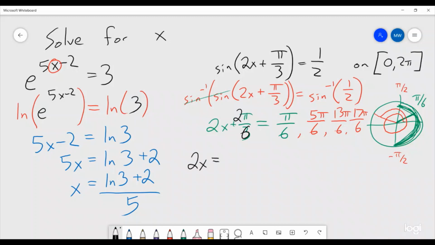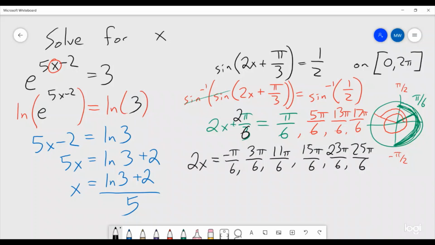So subtracting 2 pi over 6, that would give us a negative pi over 6, 3 pi over 6, 11 pi over 6, let's see, 15 pi over 6 would be the next one. We could then get all the way up to another 2 pi after 11 pi over 6, so that'd be another 12 pi over 6, so we could also get 23 pi over 6 and 25 pi over 6.